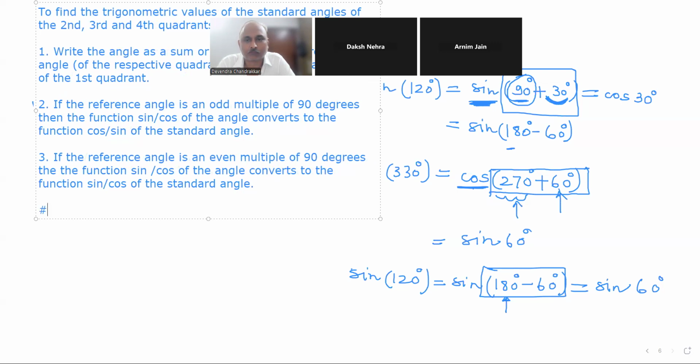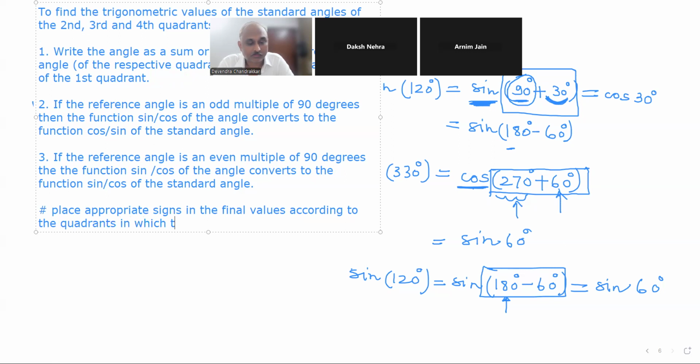अब इसमें लास्ट एक जो है वो ये है कि place appropriate signs in the final values according to the quadrants in which the angles are situated.